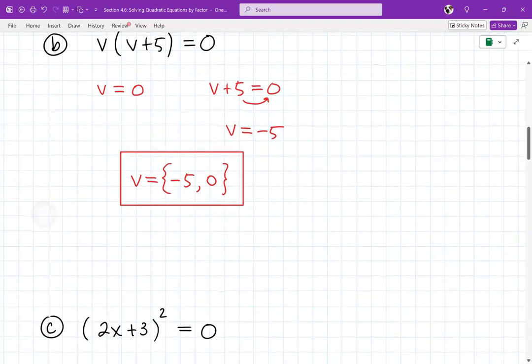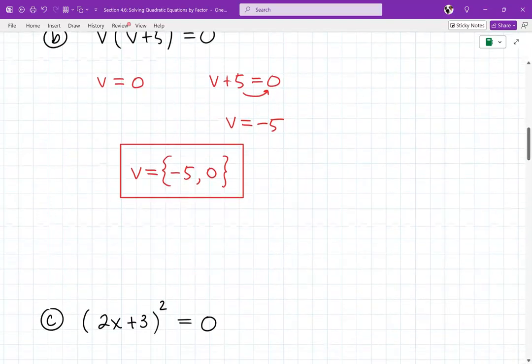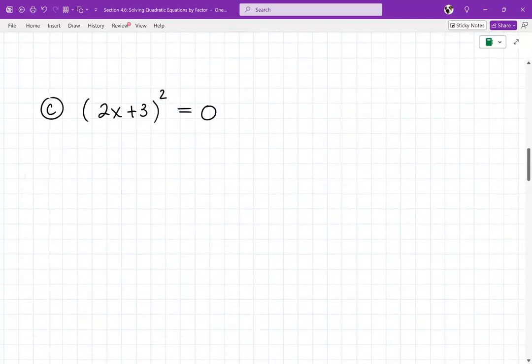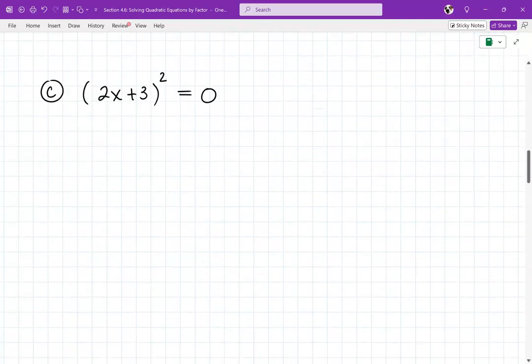Okay, one more of these that's already pre-done. So this is the quantity of 2x plus 3 squared equal to 0. How do we get rid of a square? A square root. Yeah, we're going to take a square root.